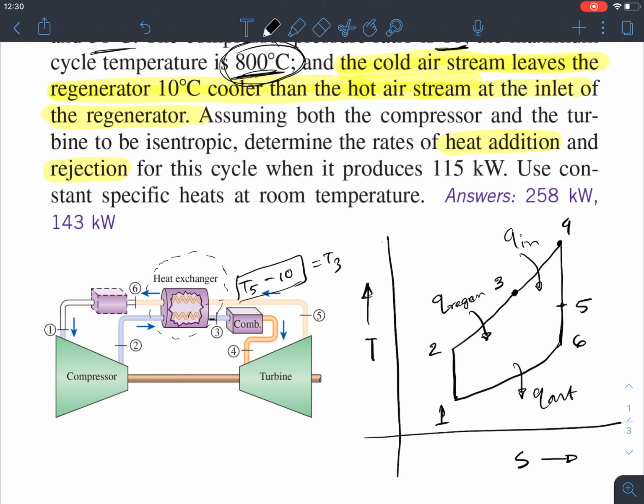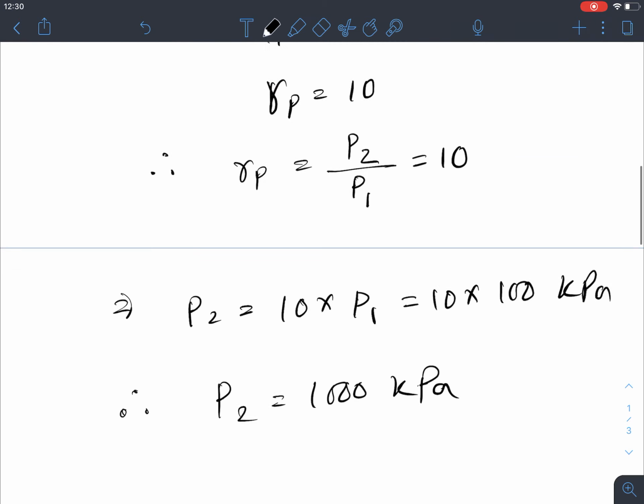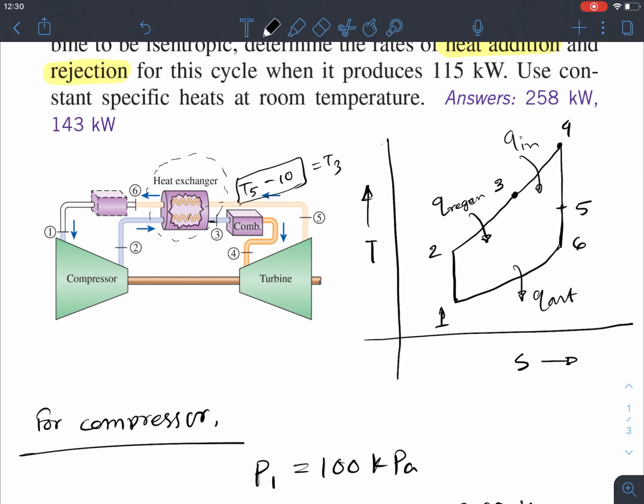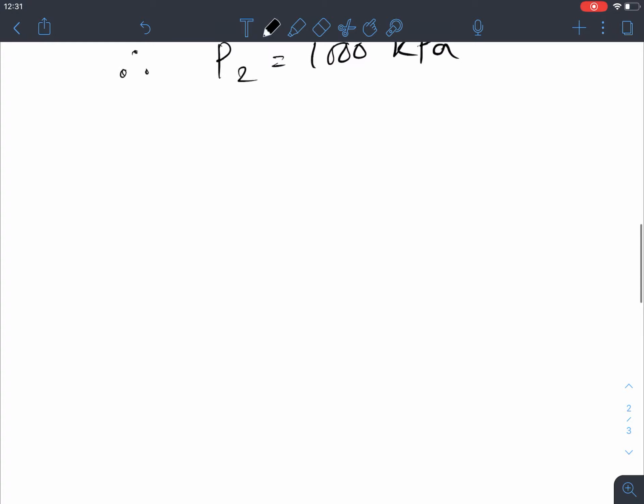But we don't know the temperature T5, so we have to determine it. T5 is determined across the turbine, between states 4 and 5. So let's take a look at how to determine T5.